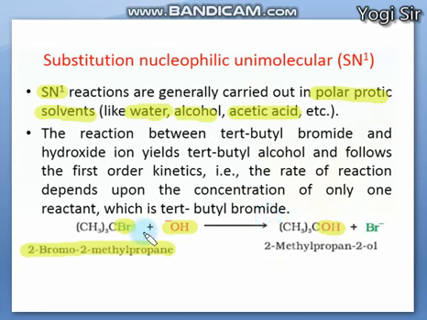You can see this tertiary butyl bromide reacts with the negatively charged hydroxide ion and produces 2-methylpropan-2-ol, and this follows the SN1 mechanism. You can see the bromine is released as bromide ion, Br minus.